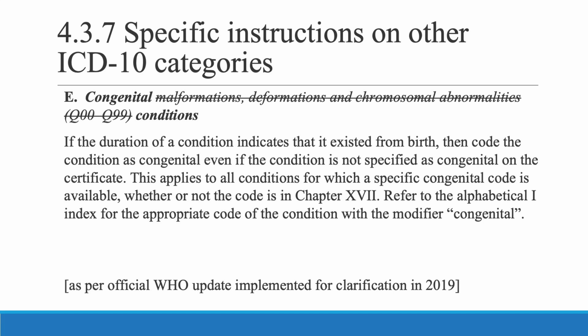This instruction is designed to allow for an assumption of these specified conditions to be congenital, even when not specified as such, but when occurring in decedents at these specified ages. The reason for this is that these listed causes of death are not indexed directly to a congenital code. And of course, these instructions do not apply if the certifier specifies these conditions as acquired.